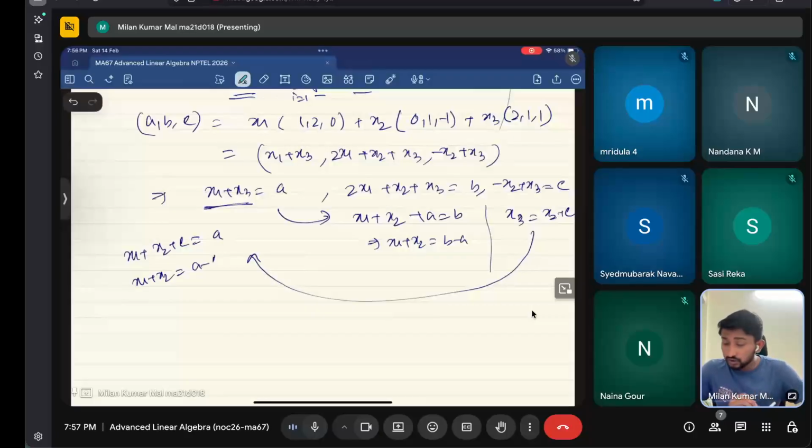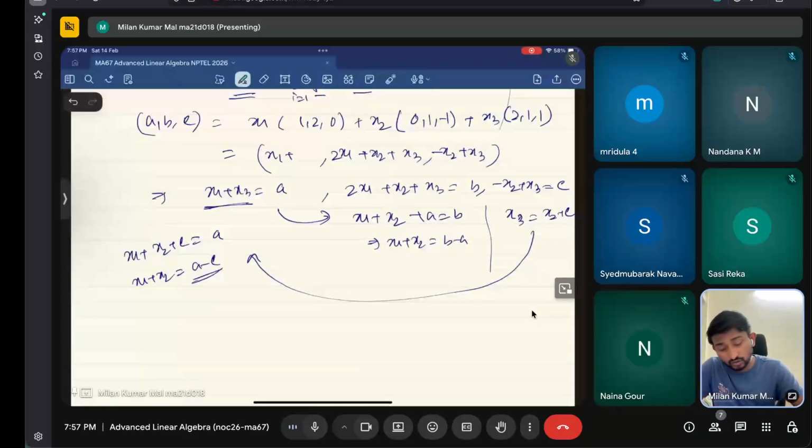1, 2, 0, 0, 1, minus 1, 2, 1, 1. There will be only one minus, right? Yes, this is the mistake I'm making. It is x1 plus 2x3, 2x1 plus x2 plus x3, minus x2 plus x3.